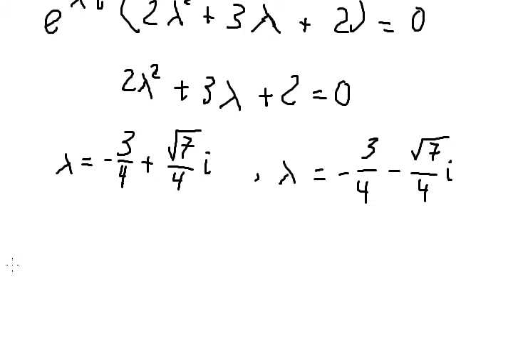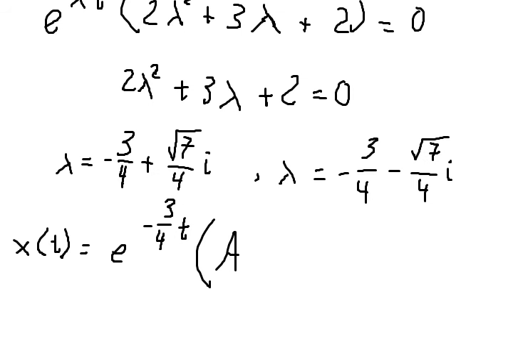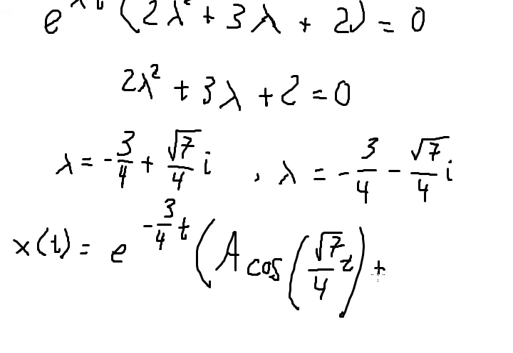So this one we can put st. That is e to the power of negative 3 over 4 t, and I will put a cosine of the square root of 7 over 4 t, and we have b sine of the square root of 7 over 4 t.